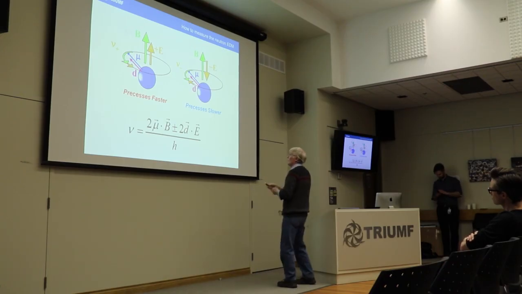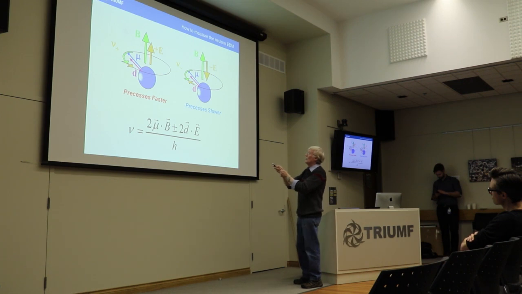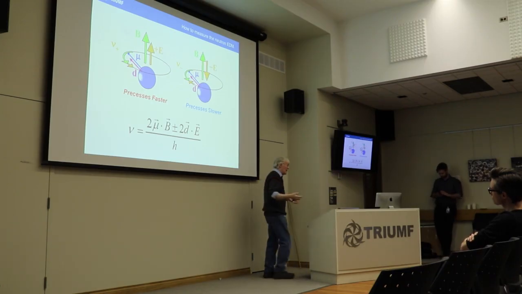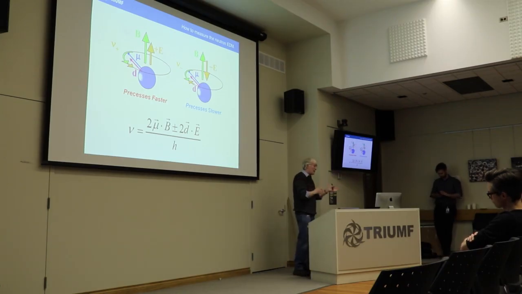And that's what these pictures are showing. When the electric field and the magnetic field are parallel, it speeds it up or it slows it down. And generally you want a really weak magnetic field and a strong electric field, because you want to be able to see it.